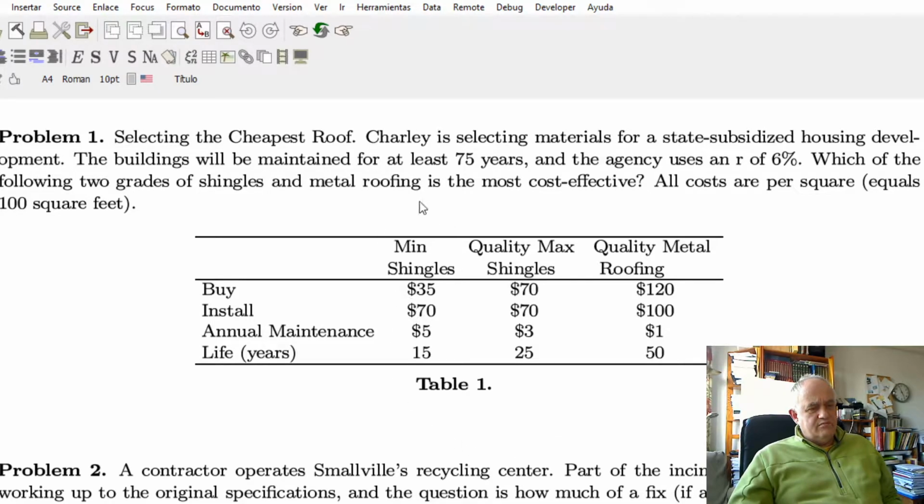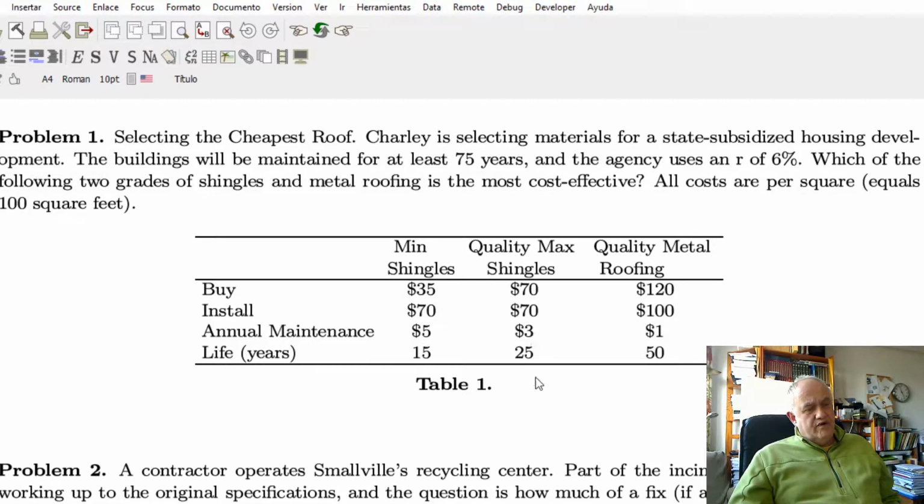The first one is a way of tiling the roof that will have an expected life of 15 years, an annual maintenance of 5, and a price that will be cheaper. There's a reduction in price against the other, but not a reduction in the cost of installation.